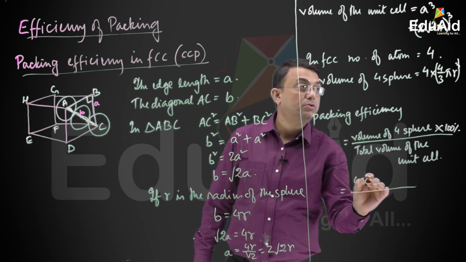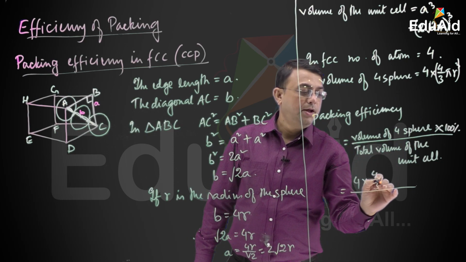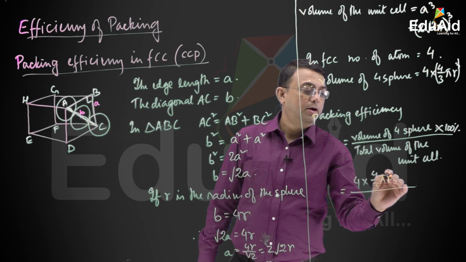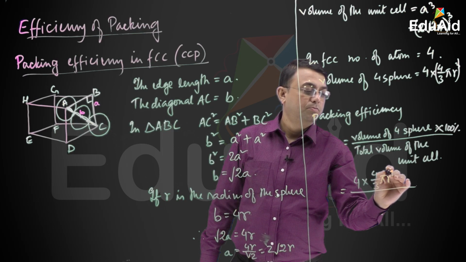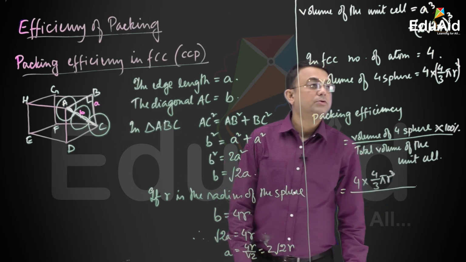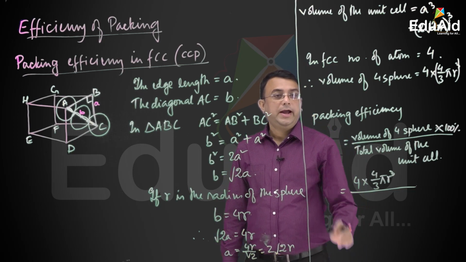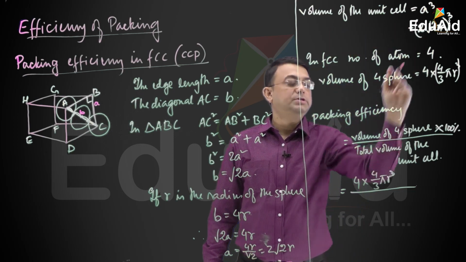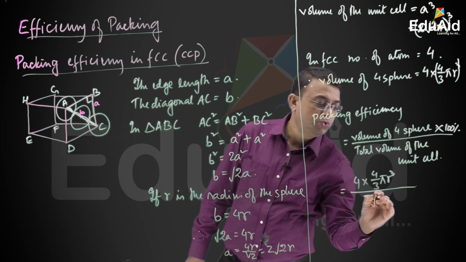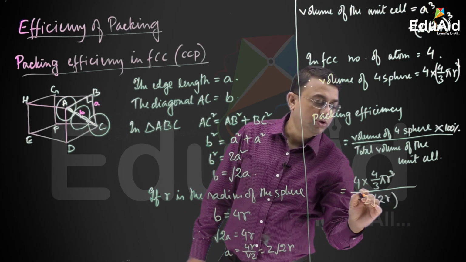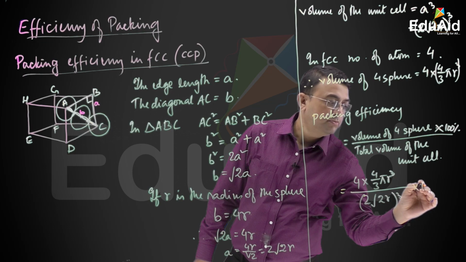Now what is the volume of 4 spheres? We have got this: 4 into 4 by 3 pi r cube, that is the volume of 4 spheres, and the total volume of the unit cell is (2 root 2 r) whole cube, into 100%.